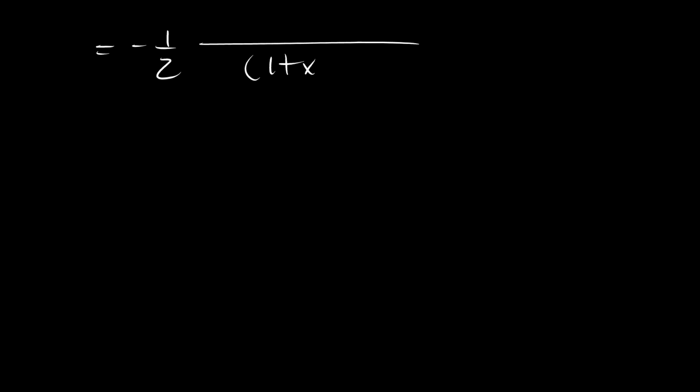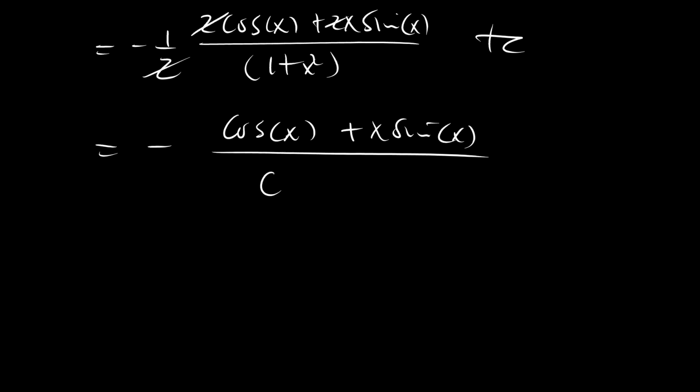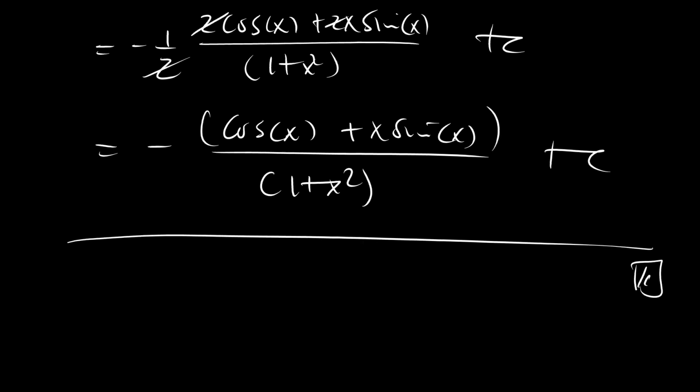In the denominator, we have x squared, and then we have 2 cosine of x plus 2x sine of x plus c. So this over 1 plus x squared plus the integration constant is our answer.